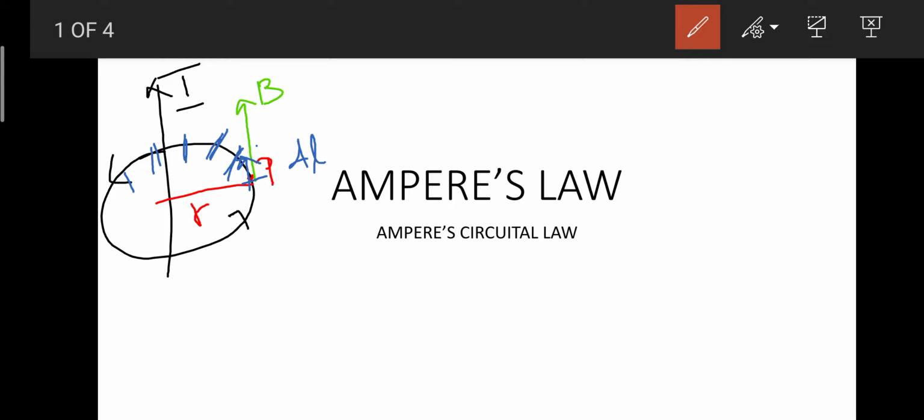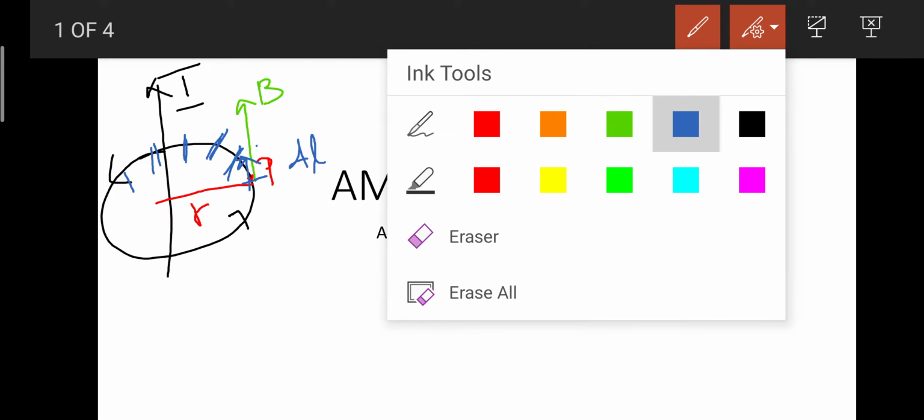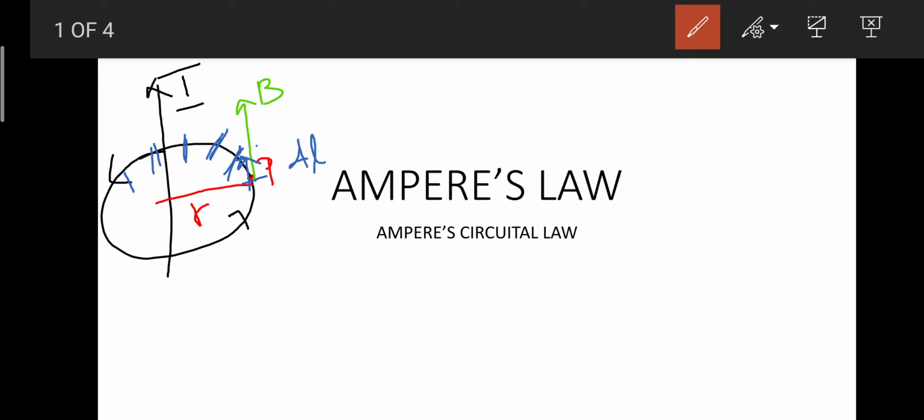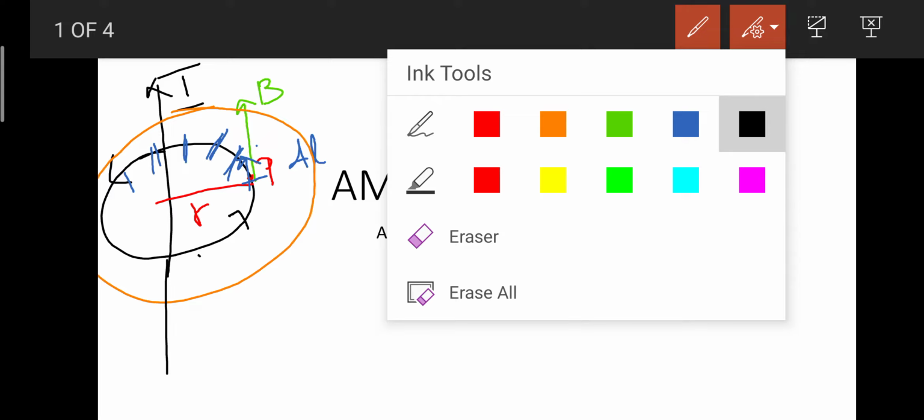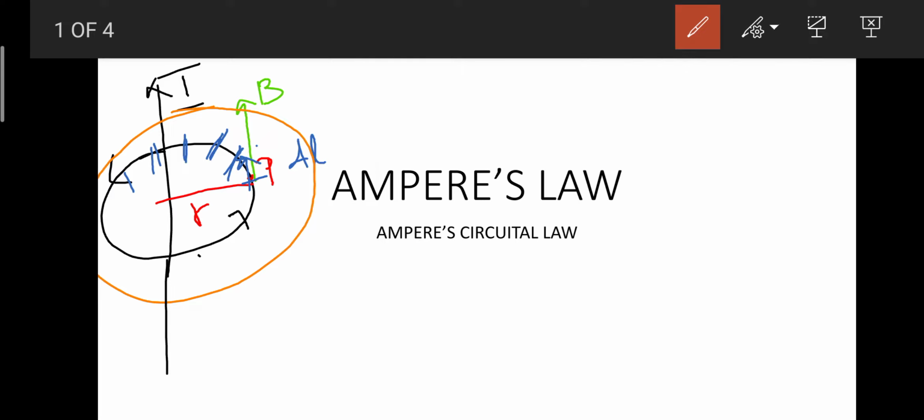So suppose I choose another loop, and consider that for this loop, the value of r would be greater.